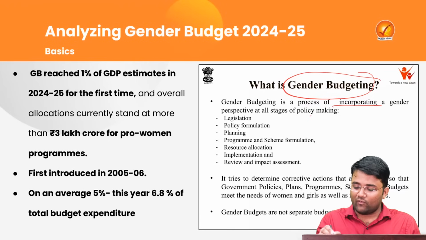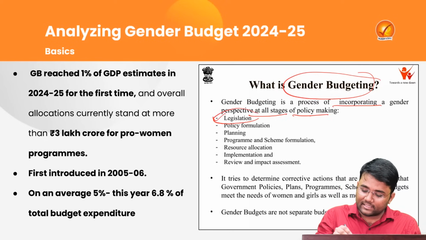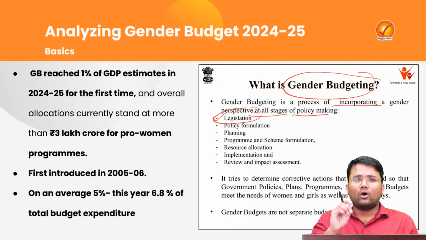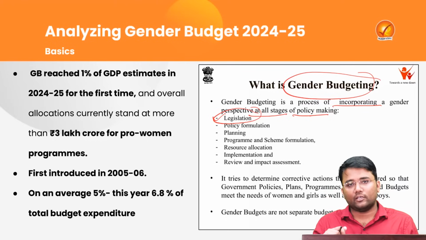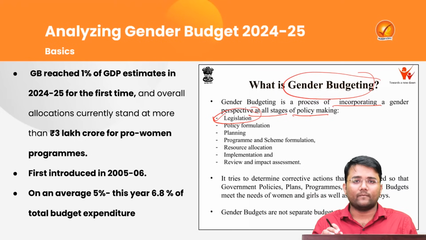It is a process of incorporating a gender perspective at all stages of policymaking, whether it is the legislation stage where a law or act is being made. Starting from the drafting stage itself, the gender perspective is incorporated, in terms of how much it will help in addressing the specific needs of a particular gender.